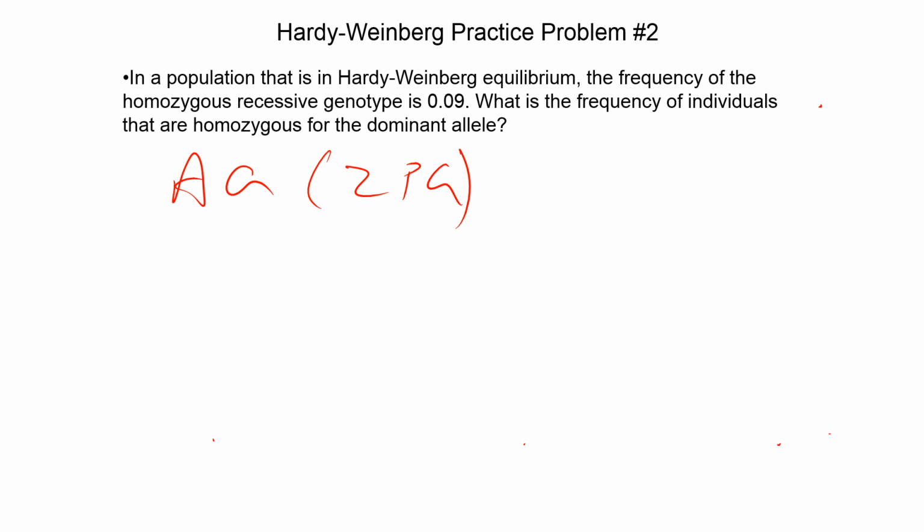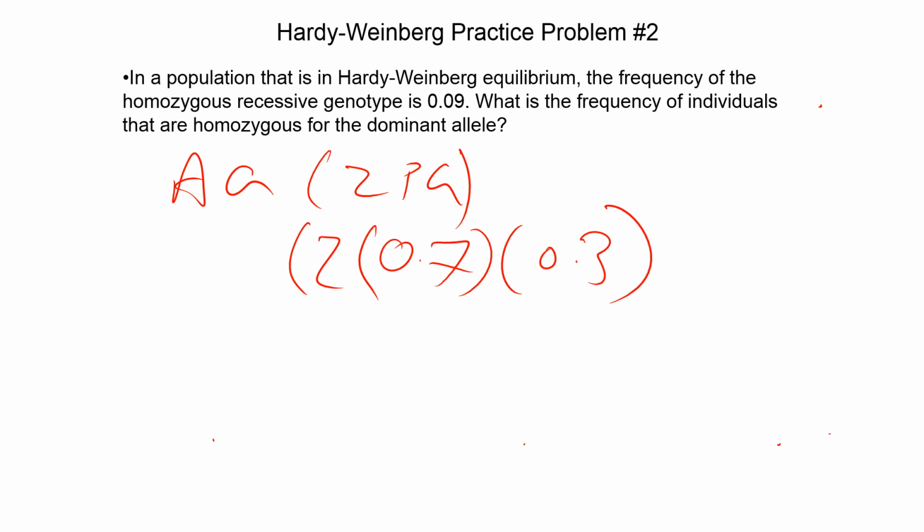You can take 2 times 0.7 times 0.3, and you would get 0.42.